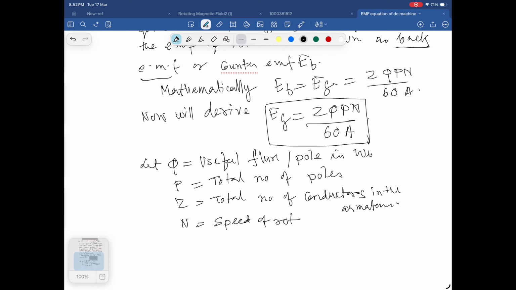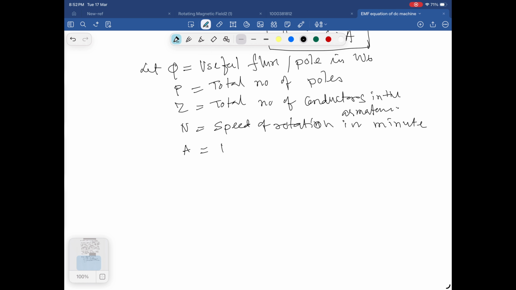And N is the speed of rotation in RPM. And A is the number of parallel paths through the armature between the brushes of opposite polarity.